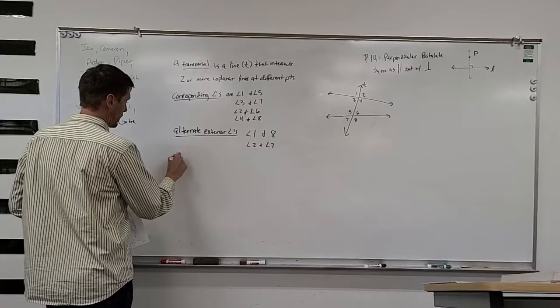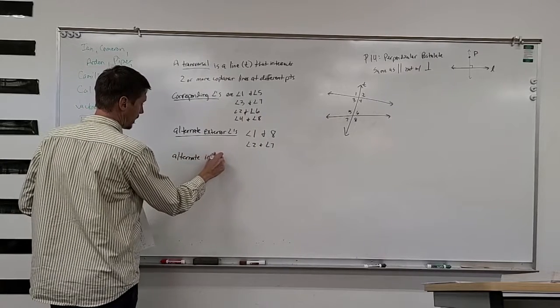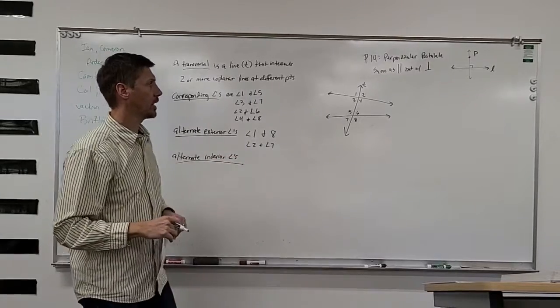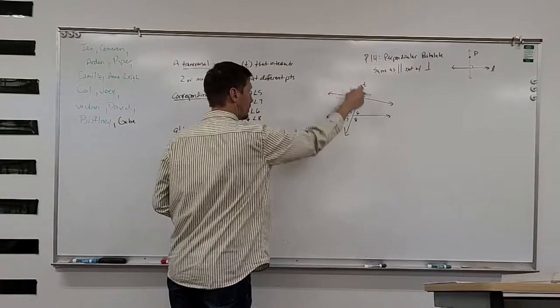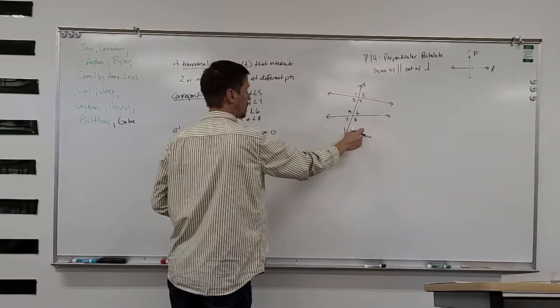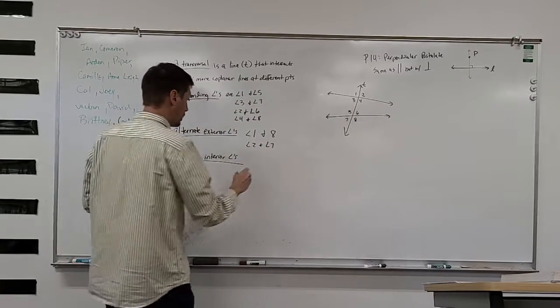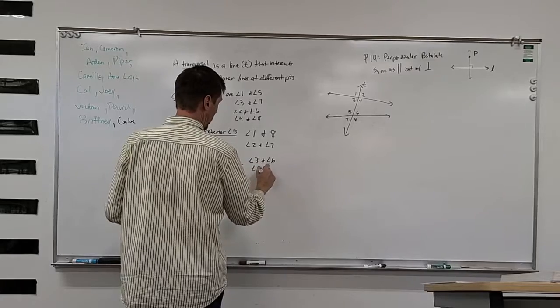Of course, that makes sense then that we would have alternate interior angles, because we also have angles that look like they're on the interior of our diagram. As you might expect, since these are the alternate exterior ones, then 3 and 6 would be the alternate interior, and 4 and 5 would be alternate interior angles. So angles 3 and 6, angles 4 and 5.